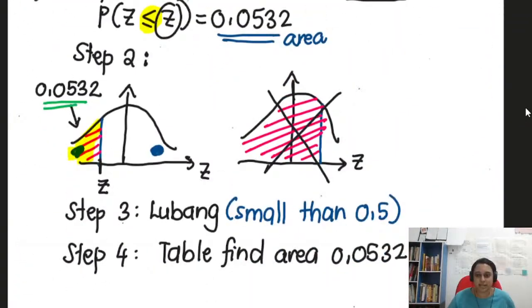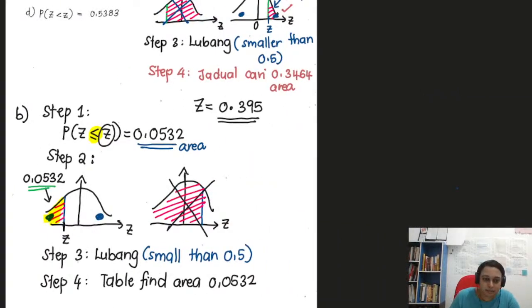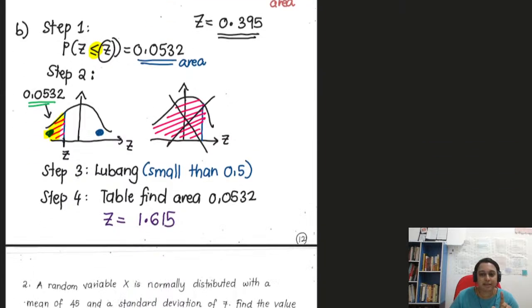So I write down first the answer. So the Z is 1.615. But do you realize your graph is sebelah kiri? It's on the left hand side. So here must be negative, isn't it? So it's negative 1.615.